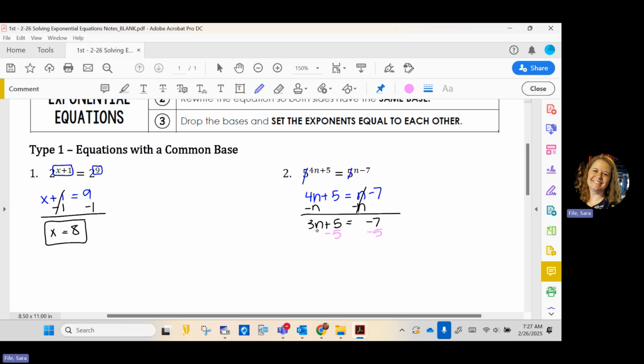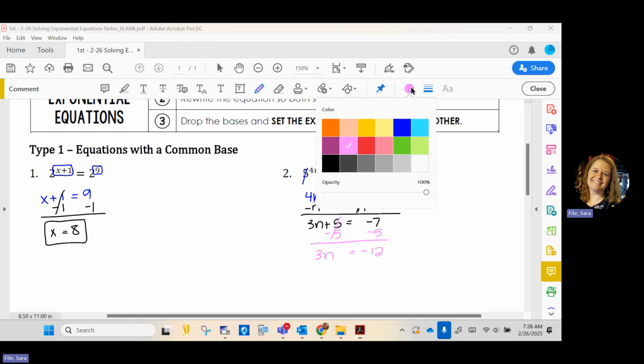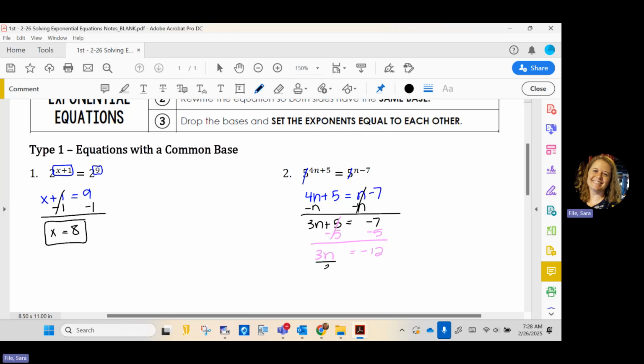I'm getting n's to the left. I want constants to the right. So that's going to leave me with 3n equals -12. And then I'm going to get rid of my coefficient by dividing it out. So divide that 3 over to isolate n, and I get -4.